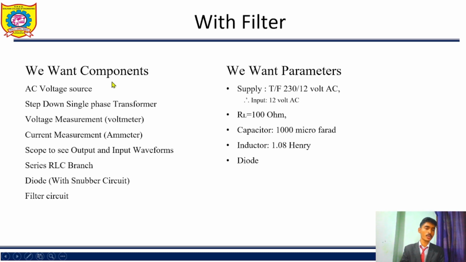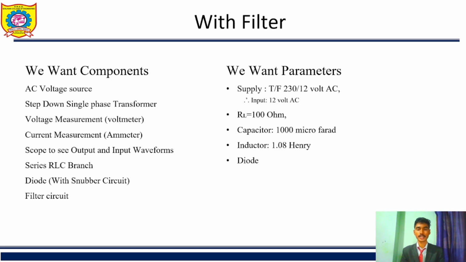Now the components we need for the filter full wave bridge rectifier are given as: AC source, step down single phase transformer, voltage measurement, voltmeter, current measurement, ammeter. Scope is used to see input and output waveform.